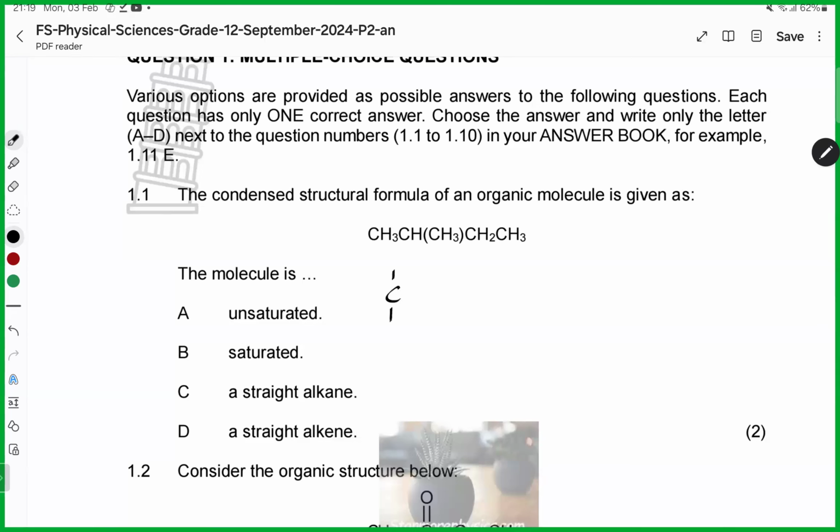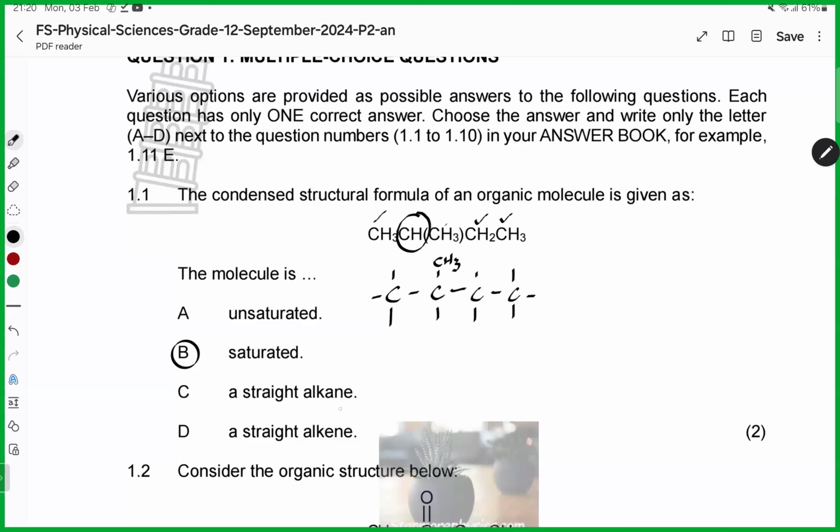There's your CH3 here. Then you got a CH here, guys. You got a methyl side chain there. You got a CH2 now. And you got a CH3 at the end. You've got only single bonds in the structure, which means it's definitely saturated.